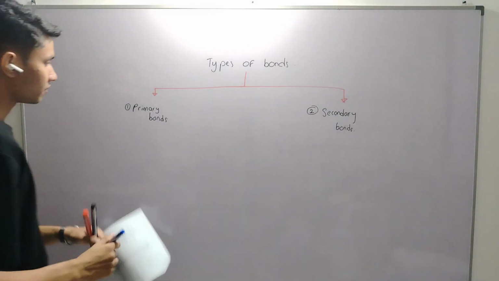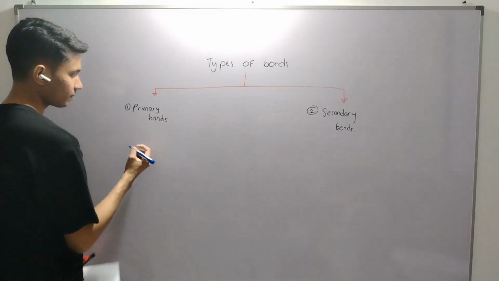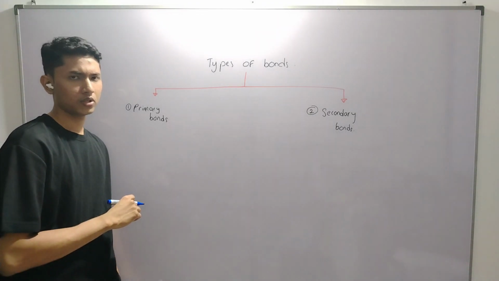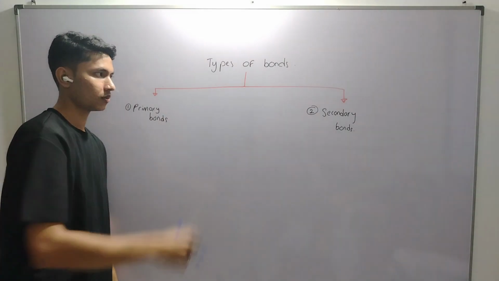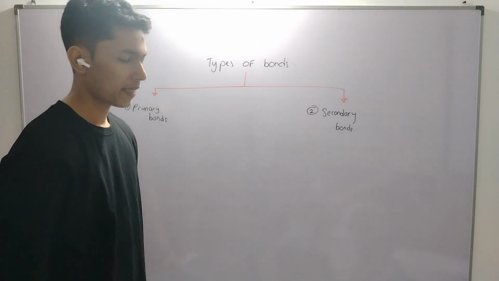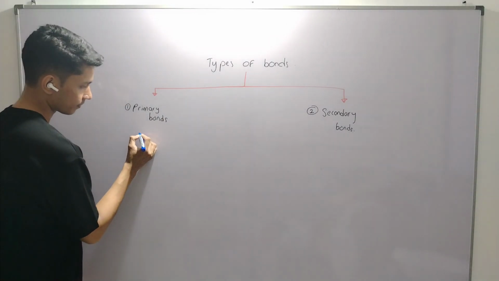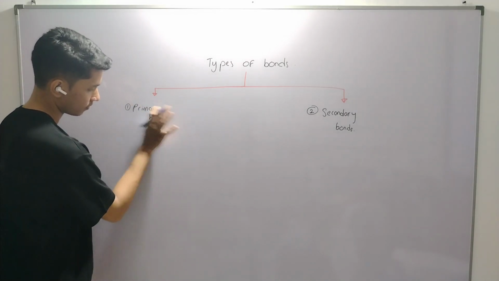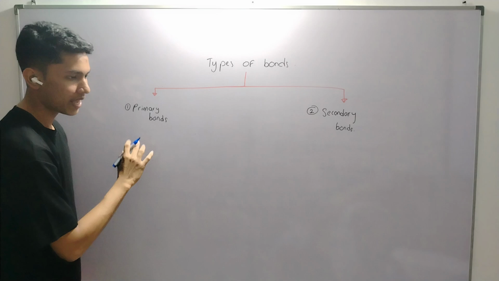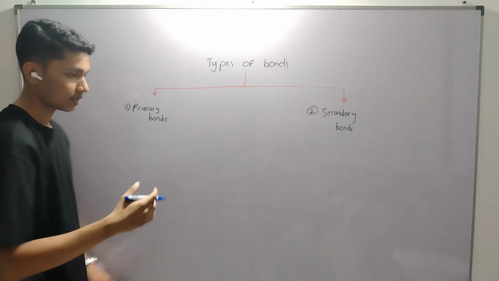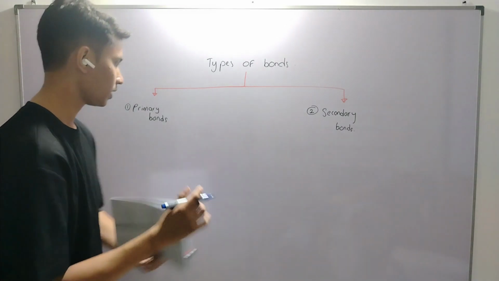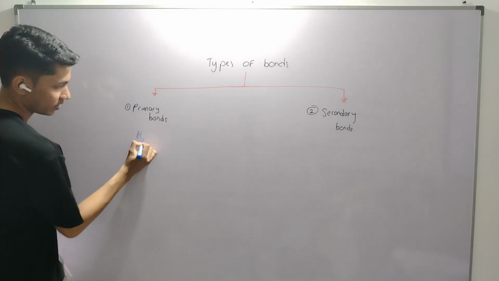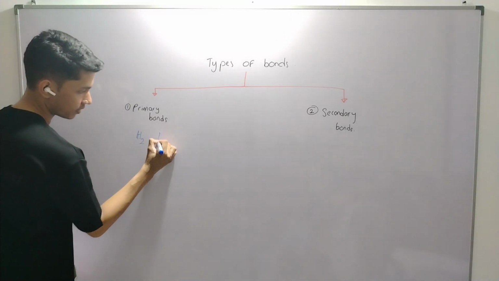Okay, primary bonds. Now, what is meant by primary bonds and secondary bonds? Primary bonds are the bonds that are present between two atoms, within the molecule. Let's say a molecule H2. How is the H2 structure present?